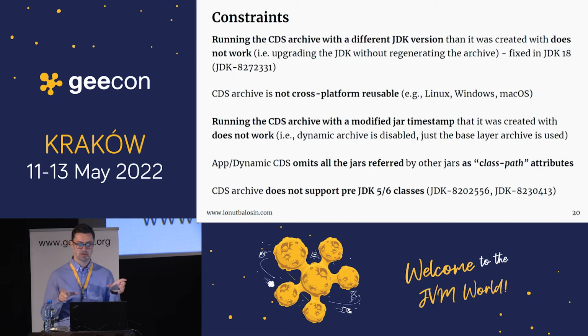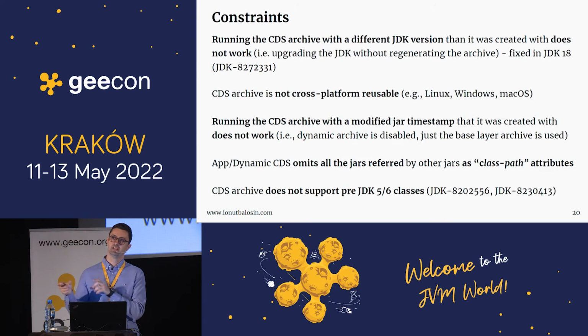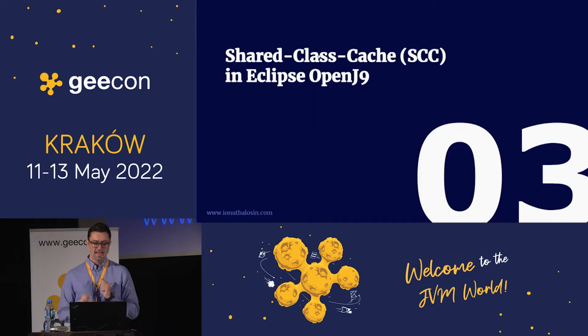If you have a jar which refers to another jar as a class path attribute, those are not included. Some classes, as you already saw in the listing, could not be included in the CDS archive. So this is all in all about dynamic CDS, how you can use it and how much benefit you can gain out of it. I tried to demo it quickly. Now let's move on and see how things are in OpenJ9.